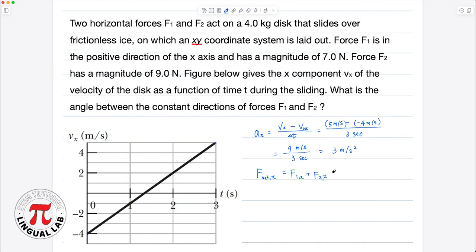That net force on the x component should be equivalent to m, here the 4 kilogram mass, times the acceleration x component.